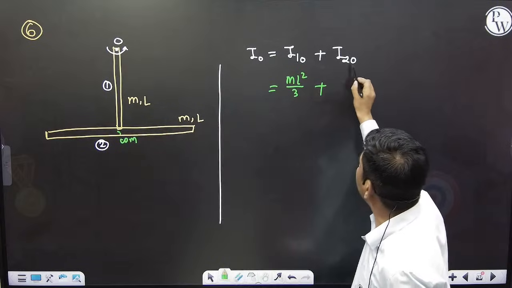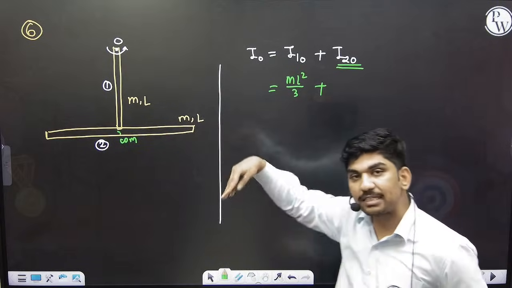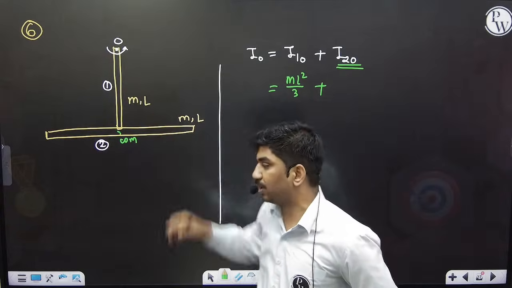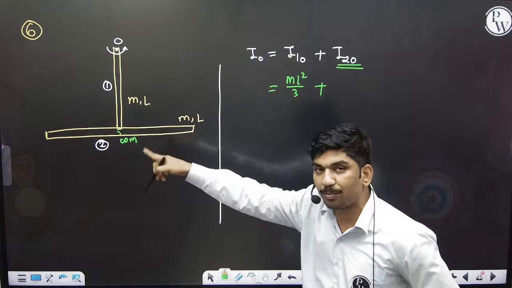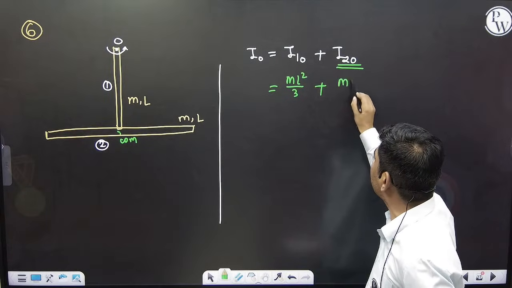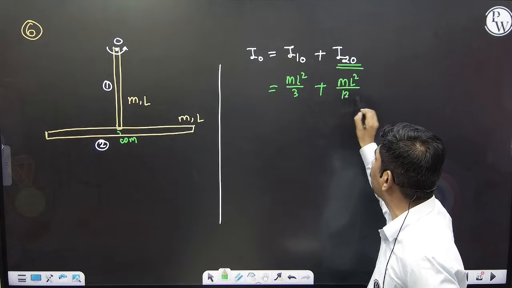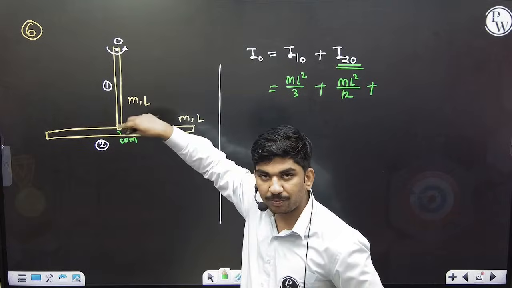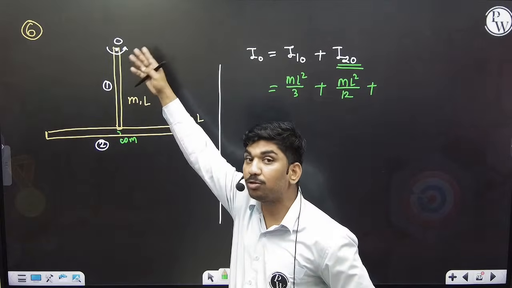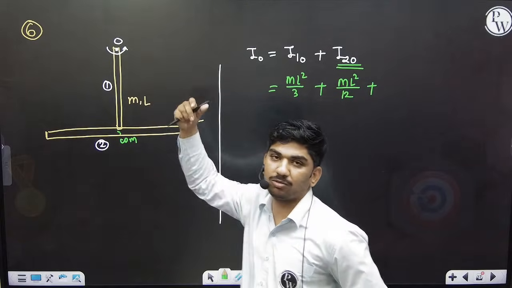So this I2 we have to write as ICOM plus MD square. So how much is the ICOM? ICOM is nothing but, for a rod of mass m and length L, mL square by 12. Plus, how much is the distance between the point O and COM? I about O, so ICOM plus MD square we should write.